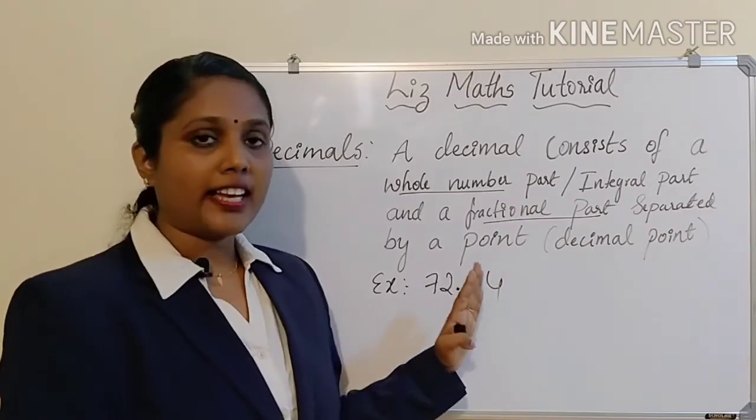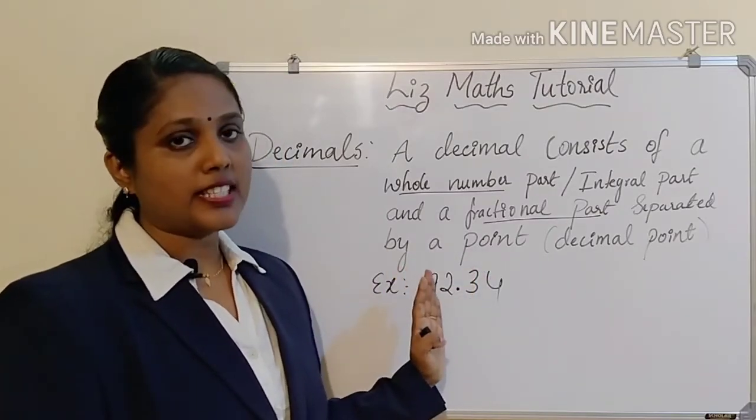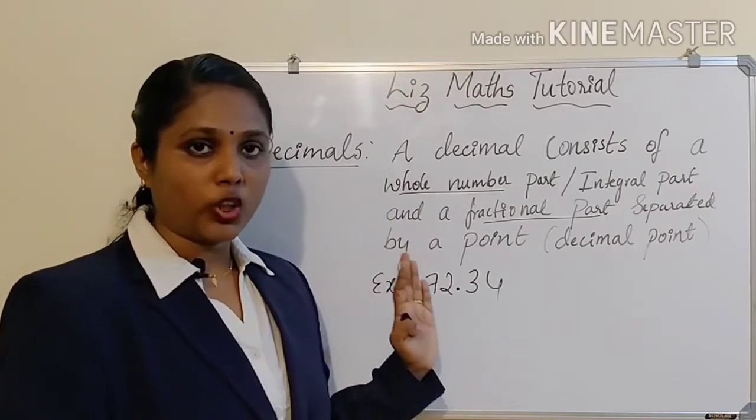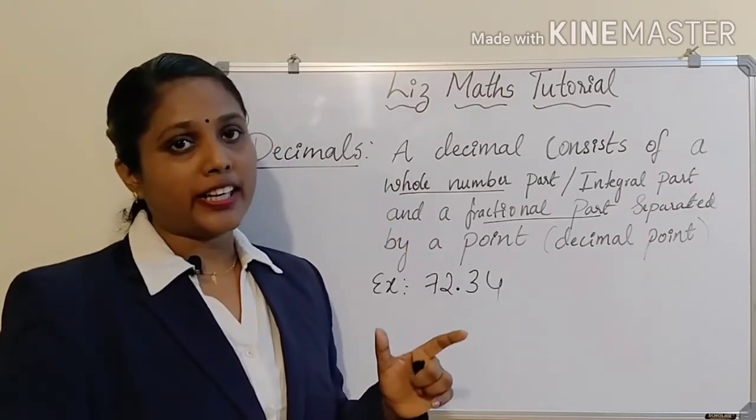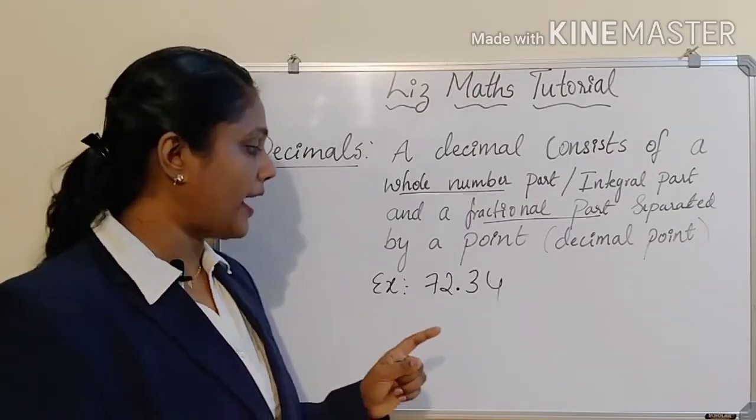Got it? And you already know the place values of the number system, as we have learned in the lower classes, the Indian numerical system. We learned the place values and how it starts.